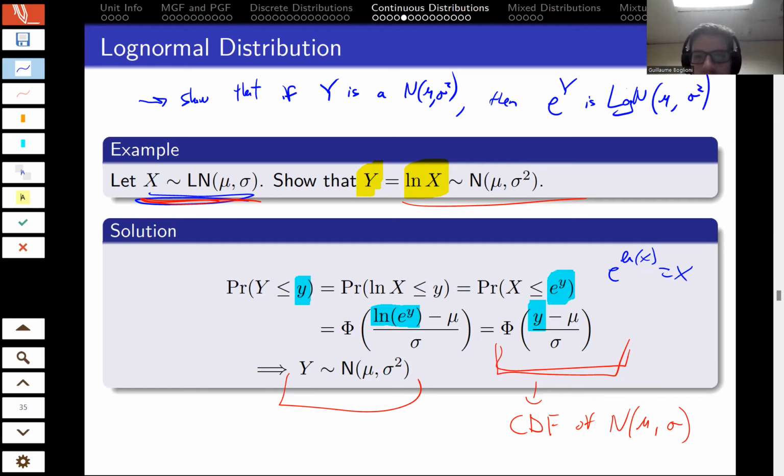You can try to prove this using a similar method.